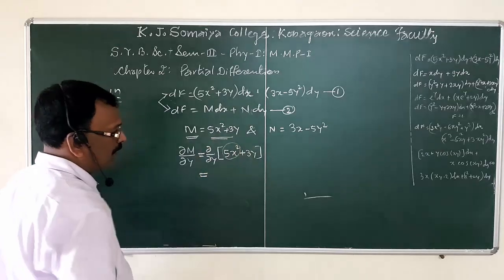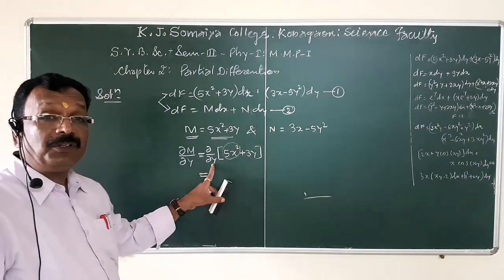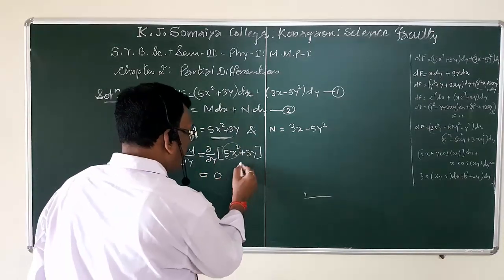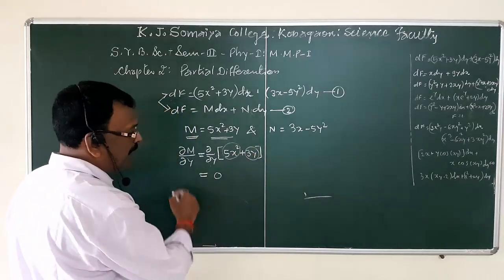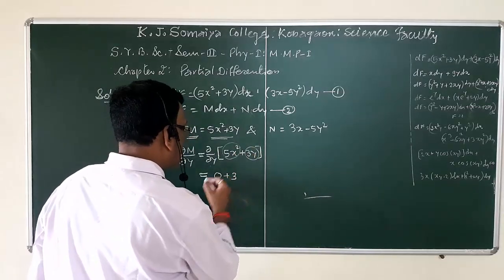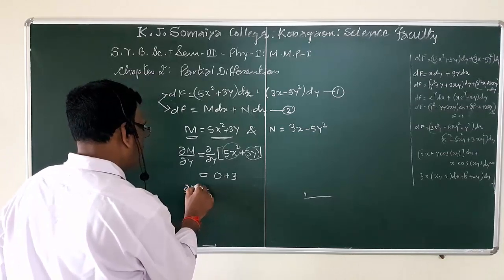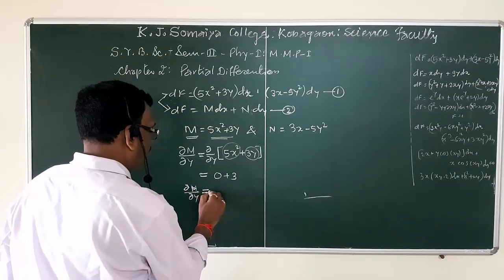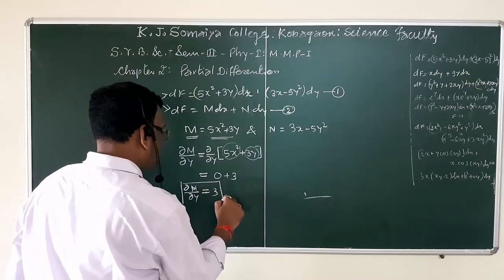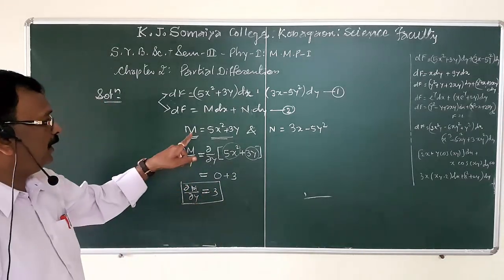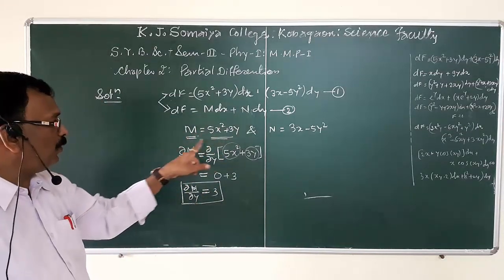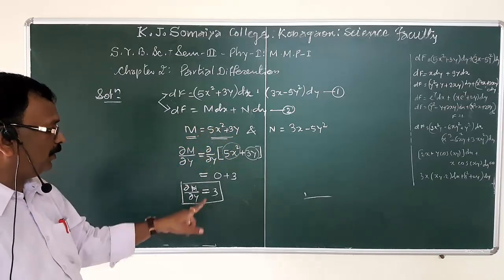Differentiation of 5x square with respect to y is 0 and differentiation of 3y with respect to y is 3. Therefore, del m by del y is equal to 3.